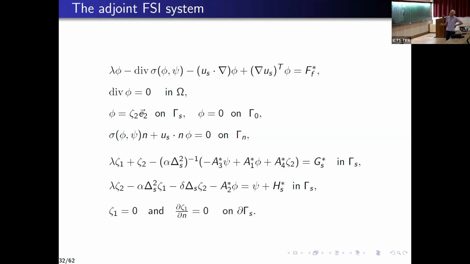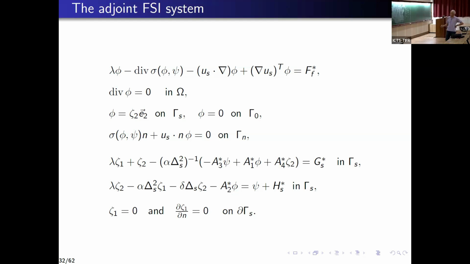So this is quite classical when we compute the adjoint of the Oseen system, it's fine, and because we have a Neumann boundary condition, when we compute the adjoint, we have this additional term in the Neumann condition. So this is not complicated. This is very classical.